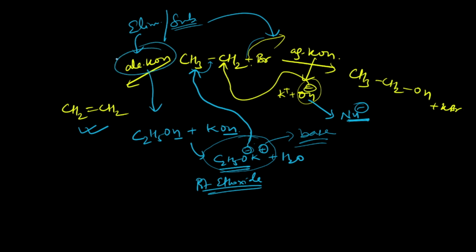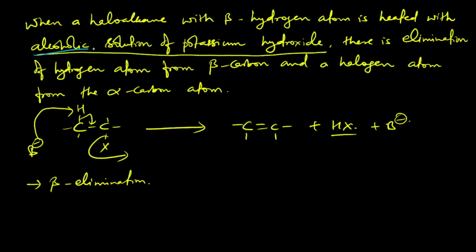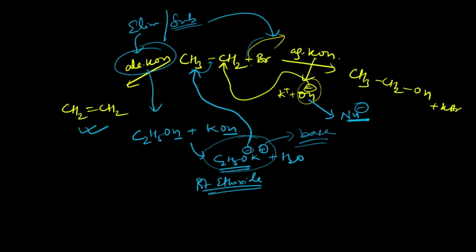Because alcoholic KOH came up for the first time, this alcoholic solution of potassium hydroxide, so I discussed what the role of alcoholic KOH actually is. The alcohol itself is C2H5OH, and when you have this alcohol plus KOH, you get potassium ethoxide as well as water. The water remains in the mixture, but the ethoxide will act as a base and pull one of the hydrogens. We know it's a beta hydrogen. It is beta hydrogen elimination.